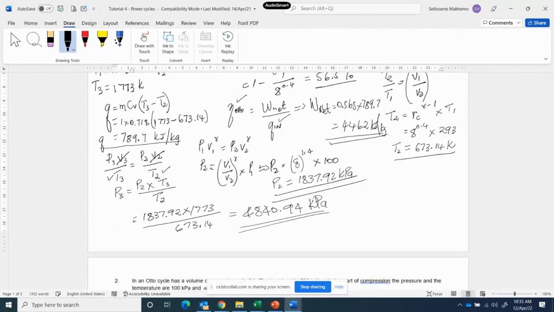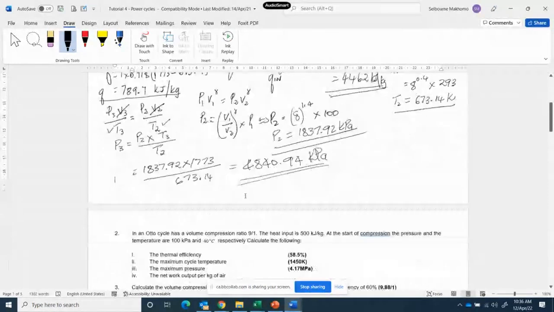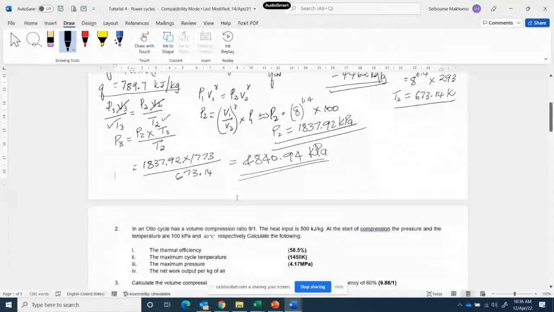Before I forget, ladies and gentlemen, did you do examples on the second law in class? Guys, I'm asking you a question. Second law? Not really that we remember. I think we did not do it.